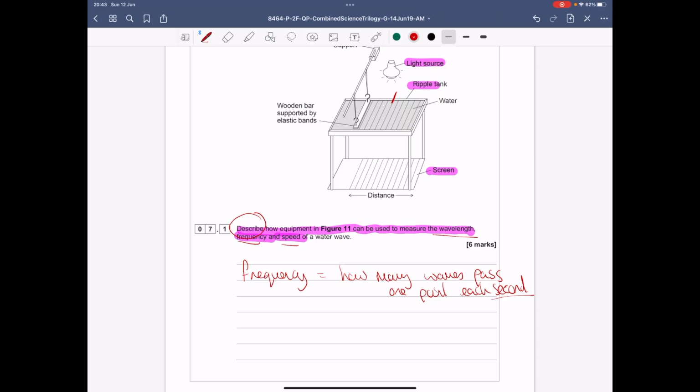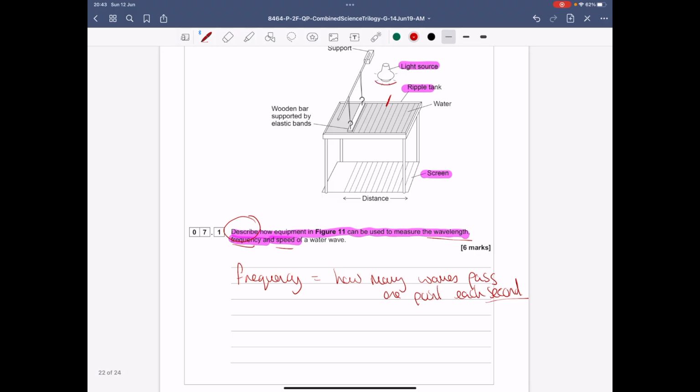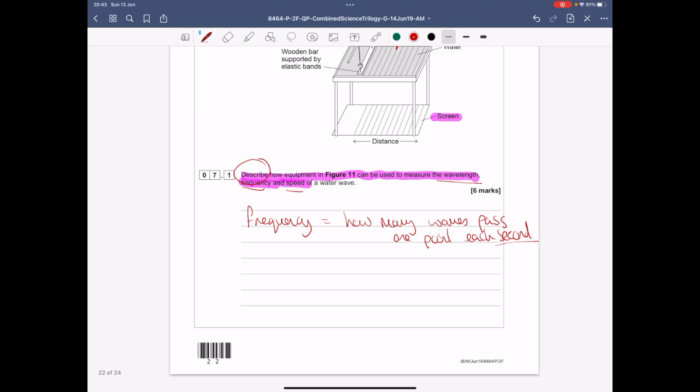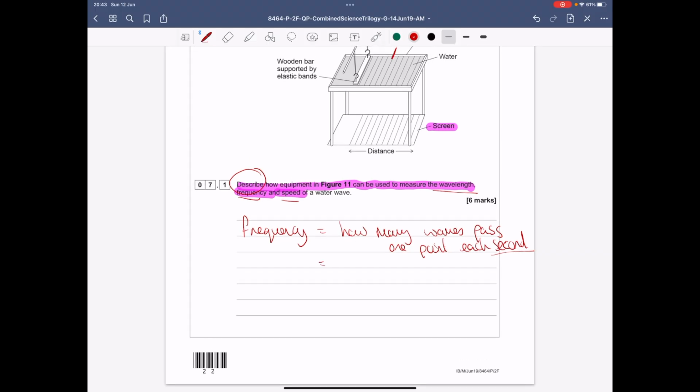Now, this is sometimes quite hard to do with the naked eye, so you could get a video camera, record it going across for 10 seconds and count how many and then divide it. So what I would do is set up a video camera.